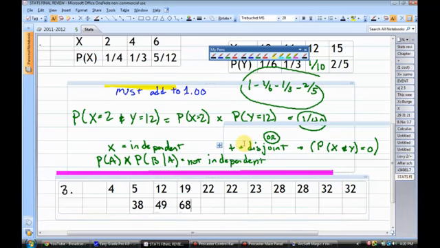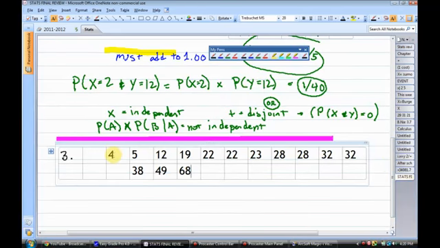Okay, so how many observations is that? There are 14, so that means our median is between the 7th and the 8th observation. 1, 2, 3, 4, 5, 6, 7.